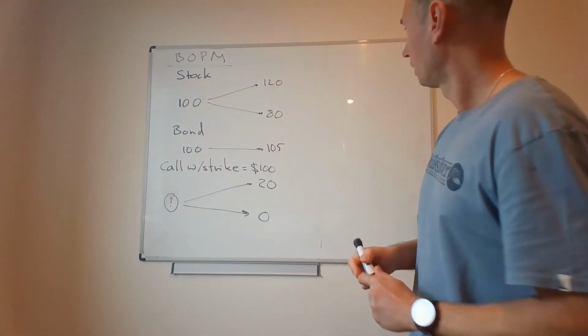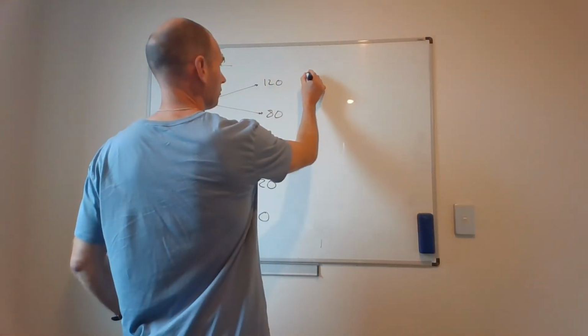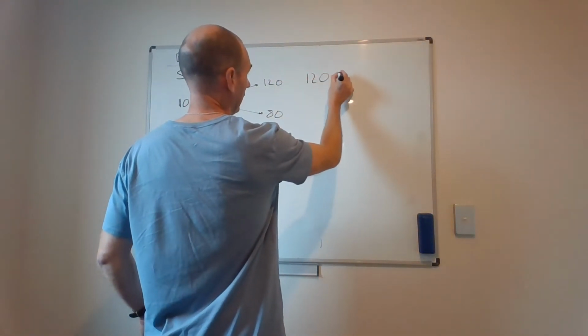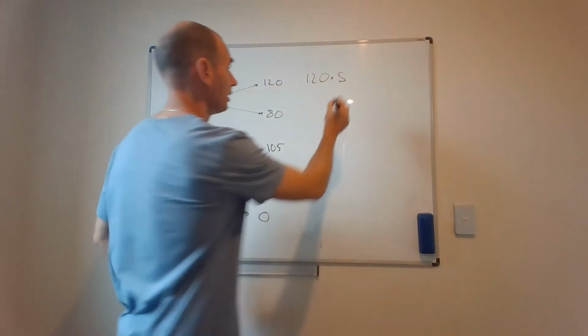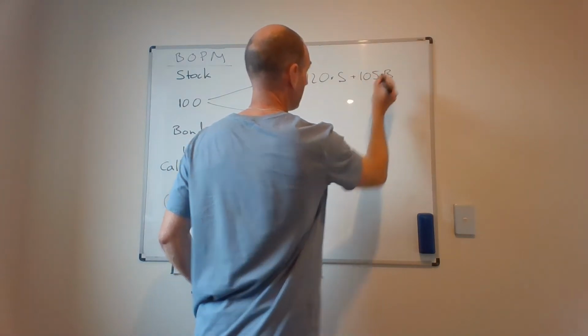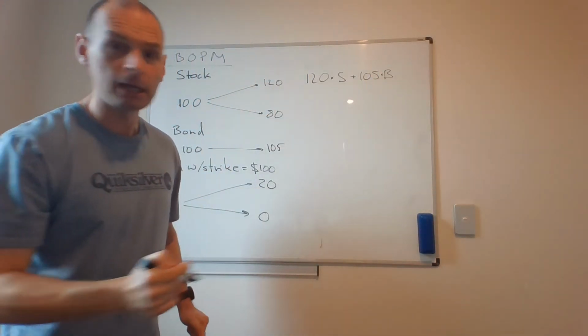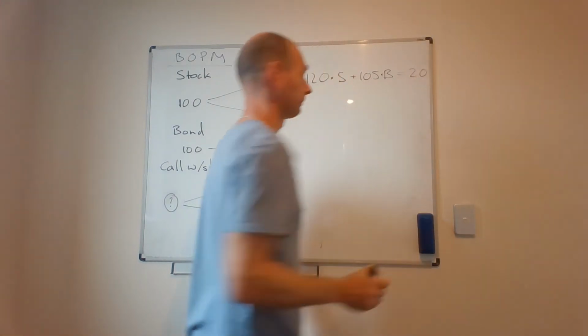So, in a good state, I have 120 times S. S is the number of stocks that I buy, plus 105 B. B is the number of bonds that I buy, and the payoff in this state has to be $20.